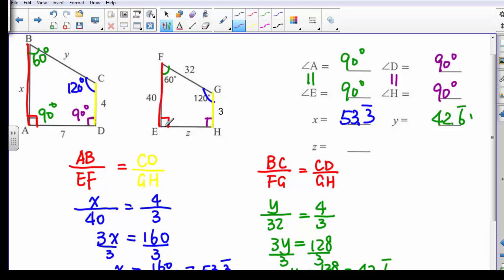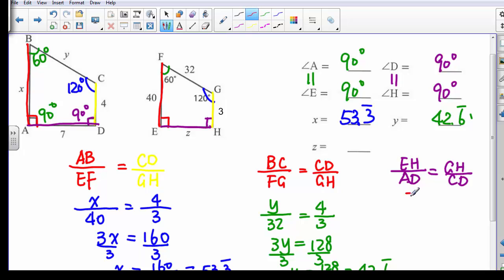So let's look at the last missing side, which is z. Z is EH. This side corresponds to AD. Usually, I like to put the missing value in the numerator of the first proportion. So EH over AD equals GH over CD. Right now, let's plug all the given values in.